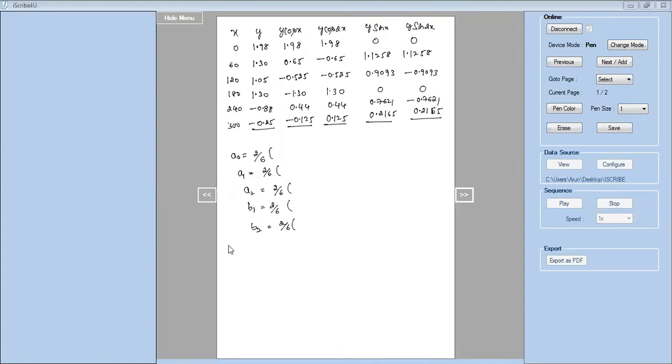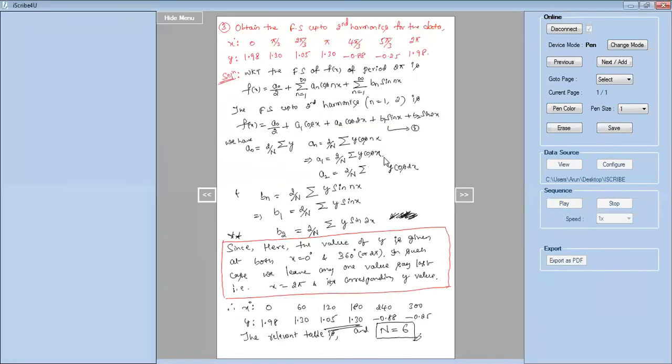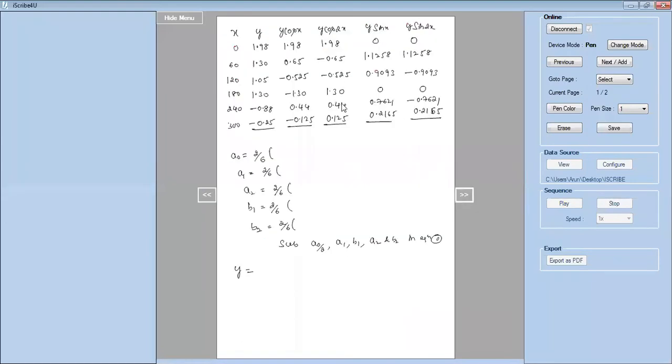Finally you can substitute A naught by 2, comma A1, B1, A2 and B2 in equation 1, we get y is equal to. So that is the Fourier series required here. You can substitute all those things in the previous expression, and we get the Fourier series up to second harmonics. This is a common procedure for all problems here.